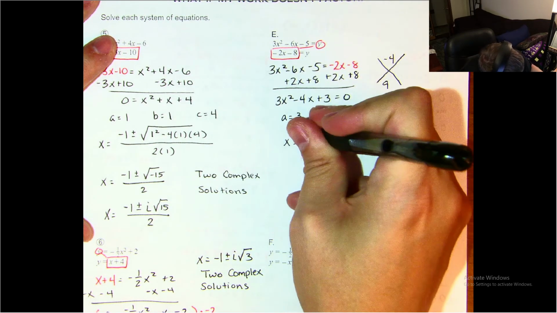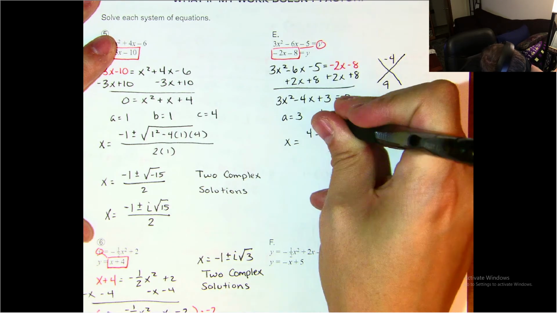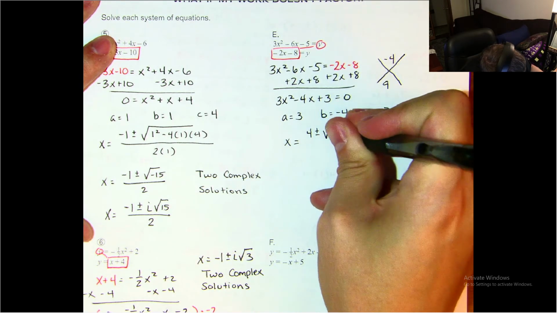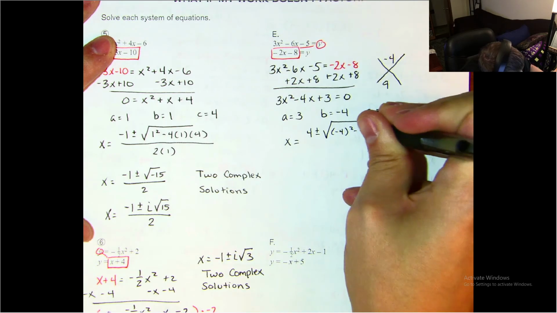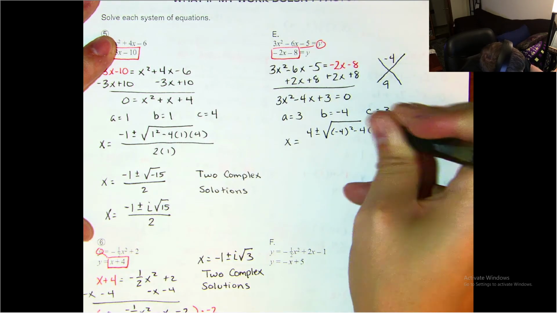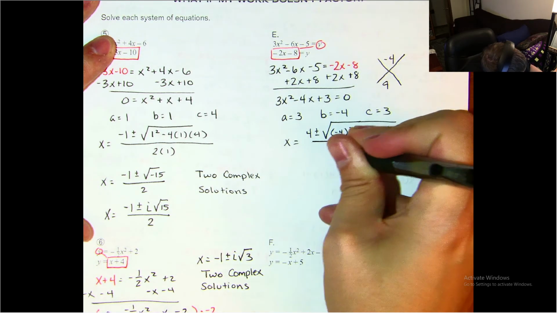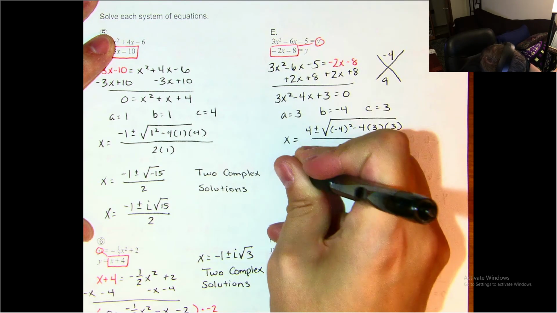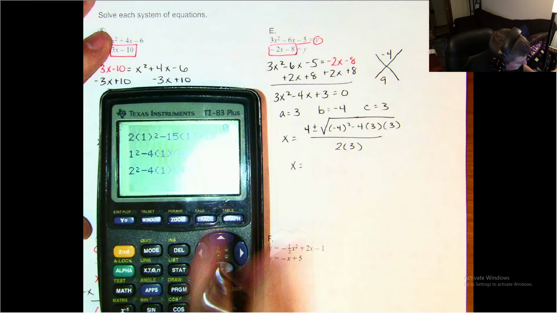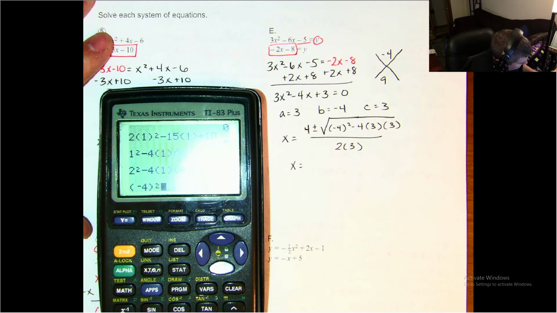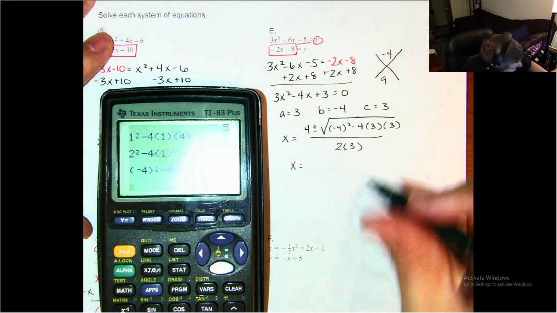x is equal to the opposite of b plus or minus the square root of b squared minus 4 times a times c, all divided by 2 times a. All right, negative 4 squared minus 4 times 3 times 3 is negative 20.